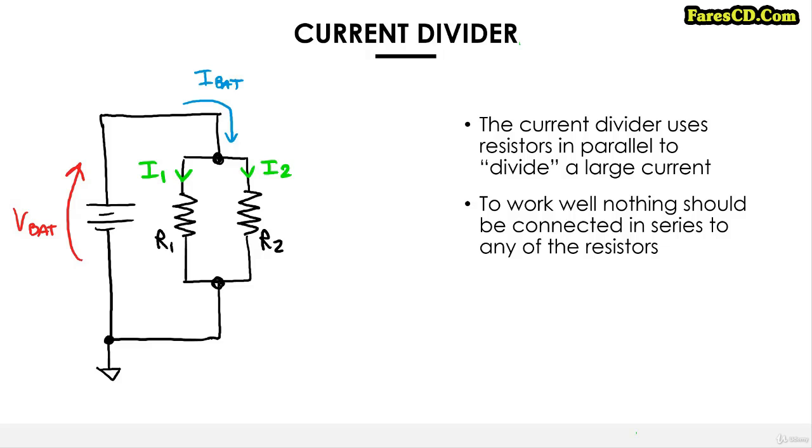Therefore, it's natural to start by calculating the value of the current I1 and I2. The current I1 is simply equal to VBAT divided by R1 and I2 is equal to VBAT divided by R2.